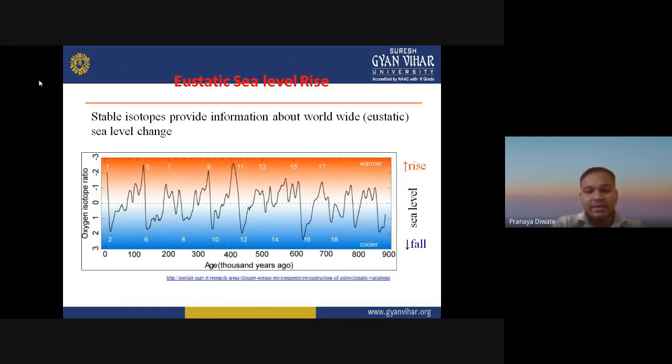So this figure is considered the representation of the oxygen isotope ratio. The oxygen isotope ratio may be 3, 1, 0, and minus 1, minus 2, minus 3.